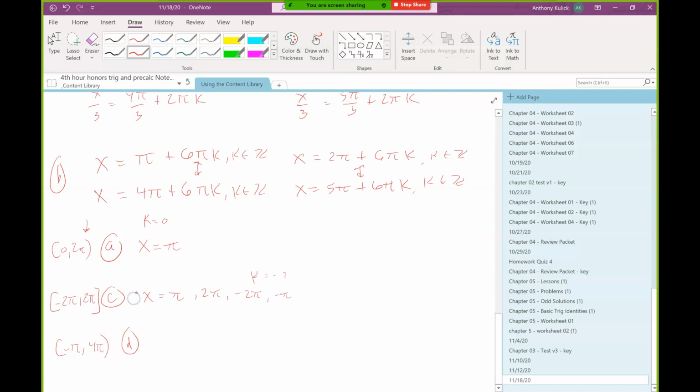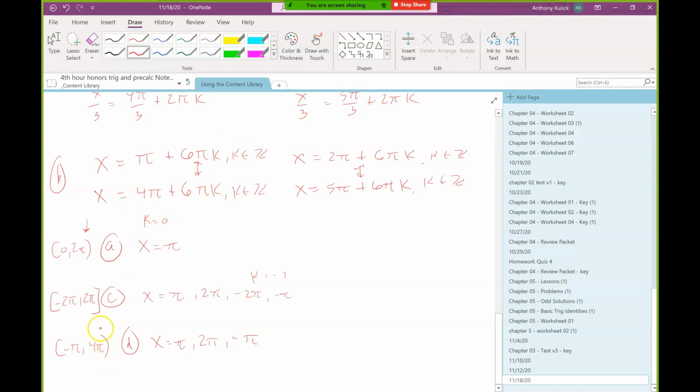And then my last interval is negative pi to 4 pi. So I'll take everything from my previous answer that fits in that interval. So that's everything except for the negative 2 pi, because that was too small. But I can go all the way out to 4 pi here. Remember when this one was 0, this gave me 4 pi.